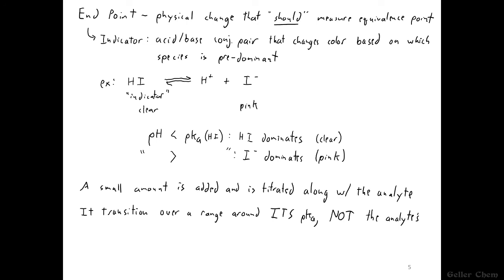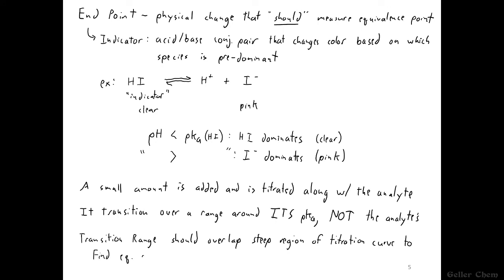But let's write one more line. Transition range should overlap the steep region of the titration curve to find the equivalence point, EQ point.